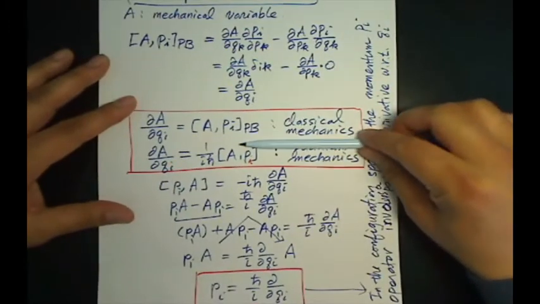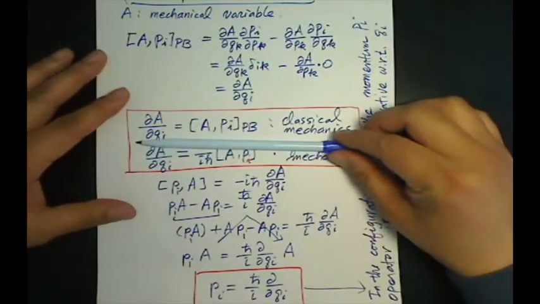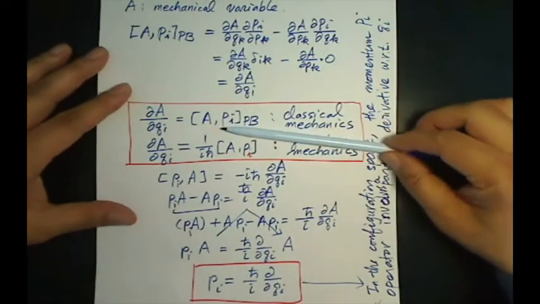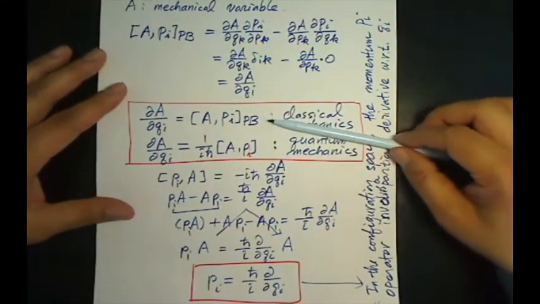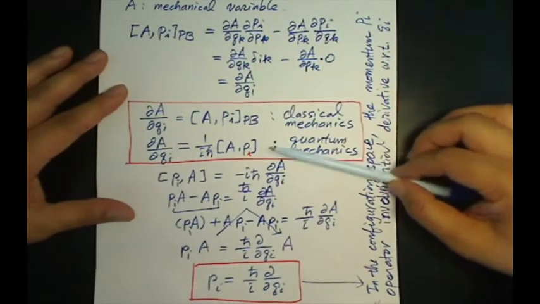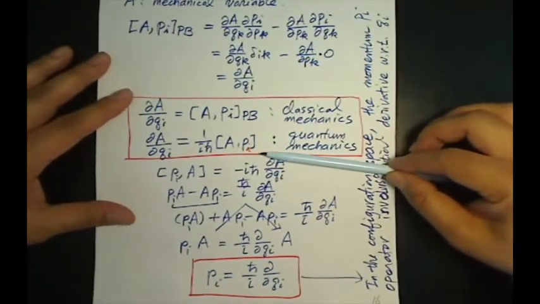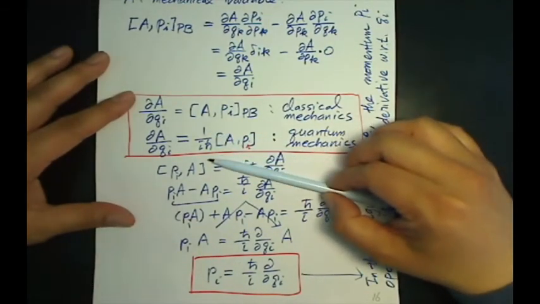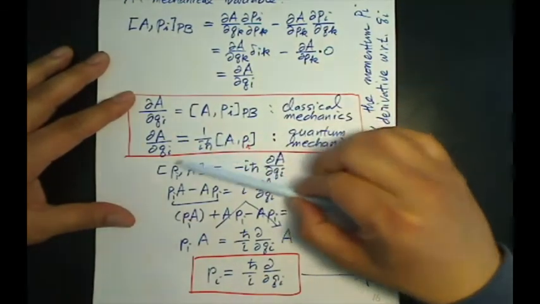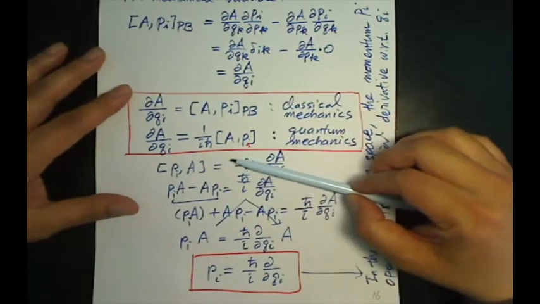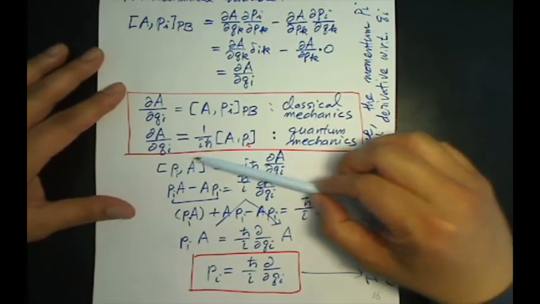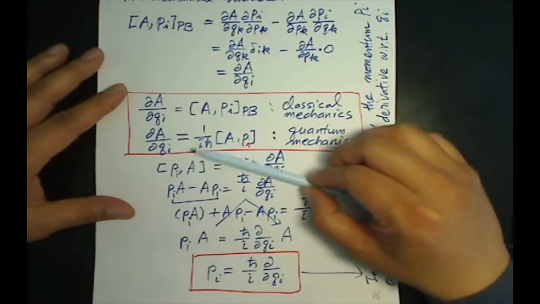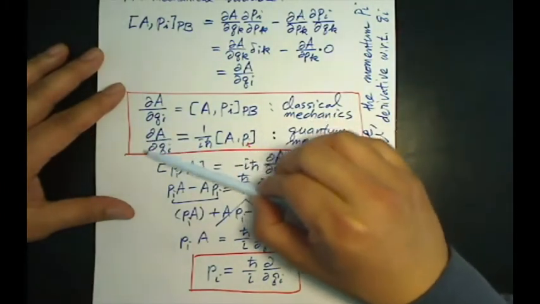Once the classical mechanics Poisson bracket is obtained, we can copy this result and replace the Poisson bracket with the quantum mechanical commutator divided by i h bar, which gives the derivative with respect to the coordinate. Therefore, if I flip the order, we have a negative sign, and the i h bar is multiplied here.